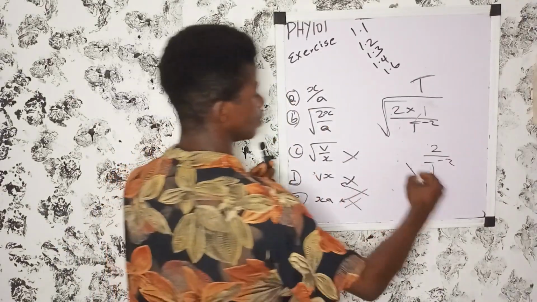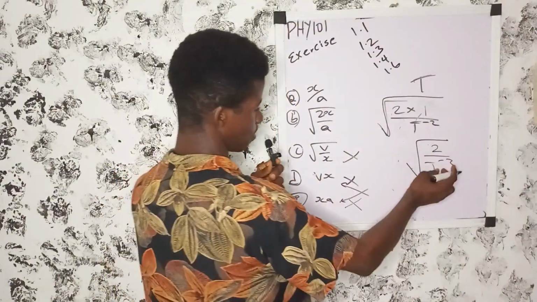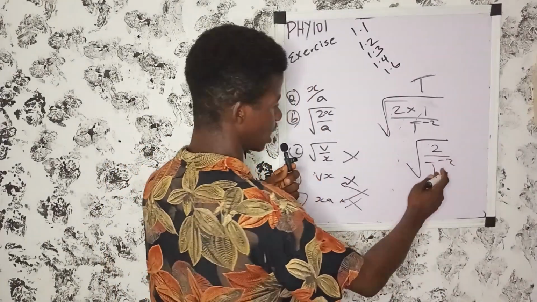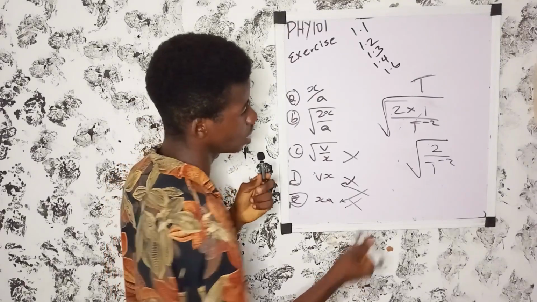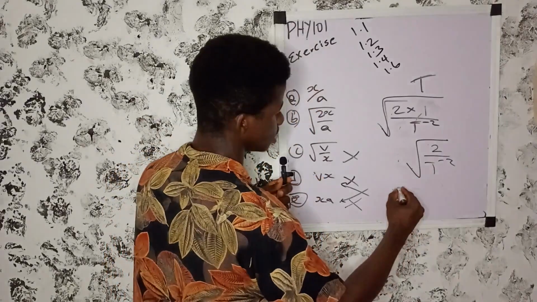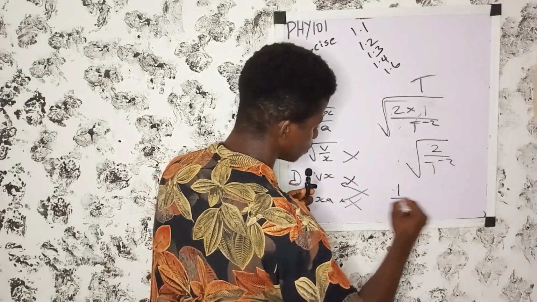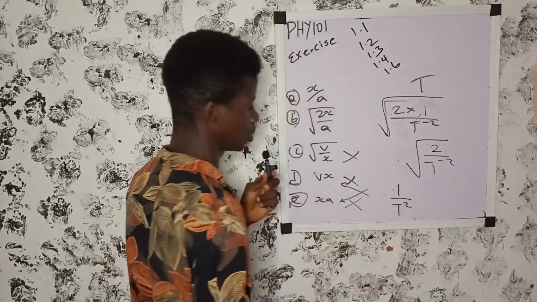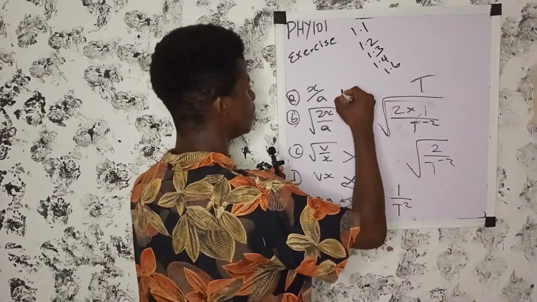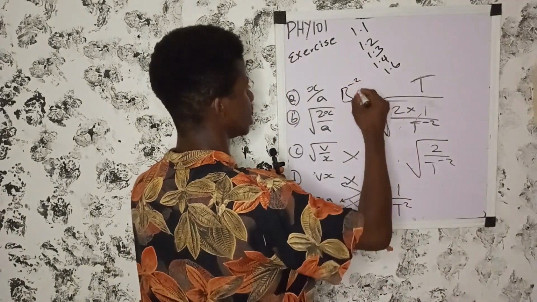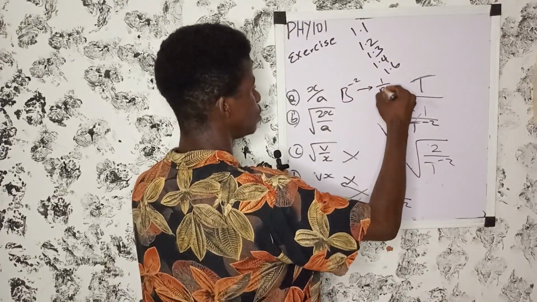Now t raised to the power minus 2 is the same thing as 1 over t raised to the power 2. I don't know if you understand. According to indices, I told you guys that b raised to the power minus 2 is the same as 1 over b square.